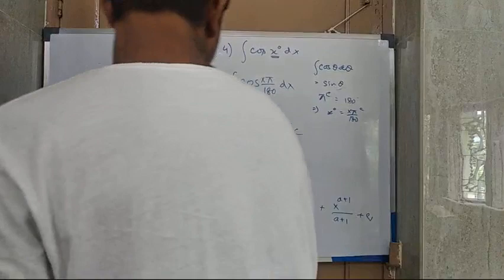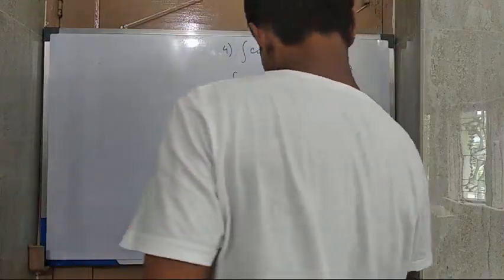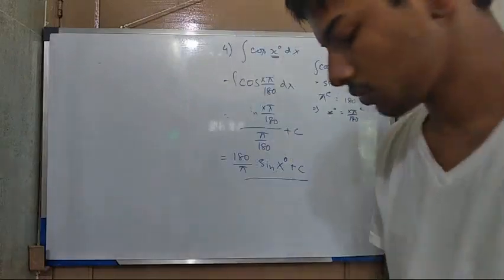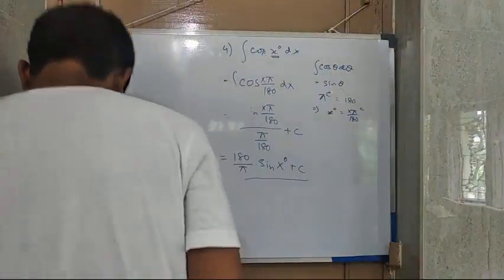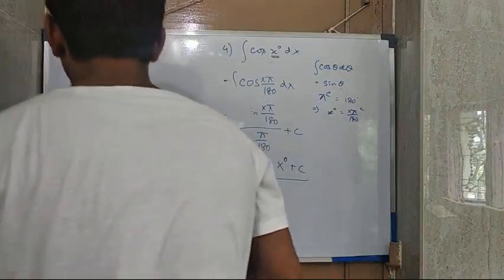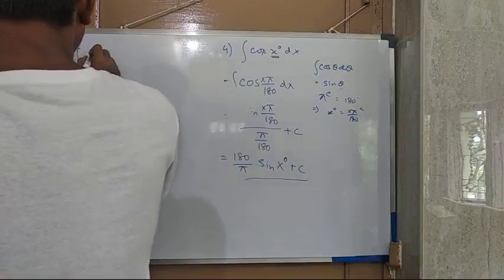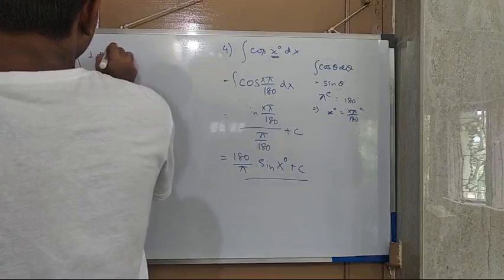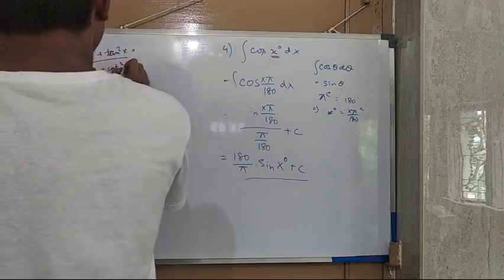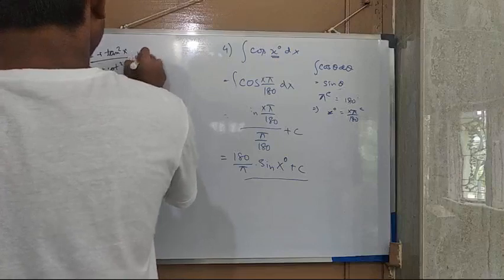So now let's proceed to the fifth question, which is the integral of 1 plus tan square x by 1 plus cot square x dx.